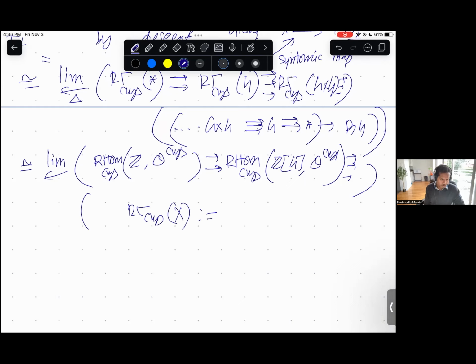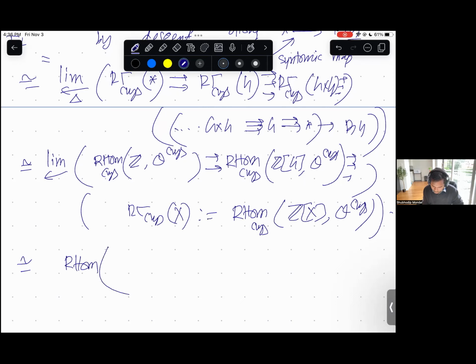The crystalline cohomology of X is just defined as the free abelian group. So in the next step, we just take this limit inside.